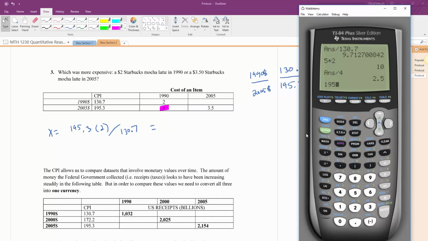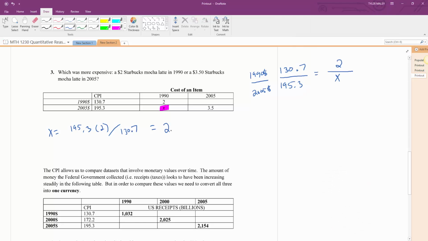195.3 times 2, and then divide that by 130.7. So we get roughly $2.99 if we round that. So I get approximately $2.99, so $2.99 would fill in here.